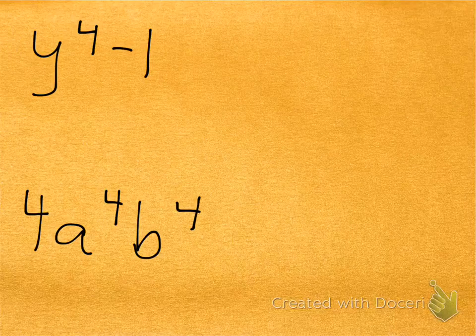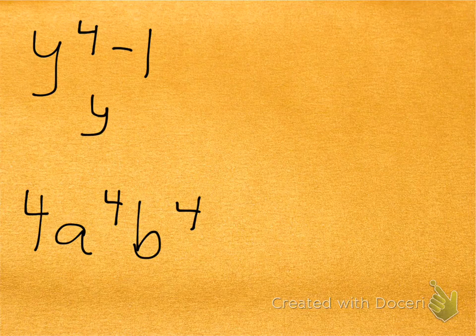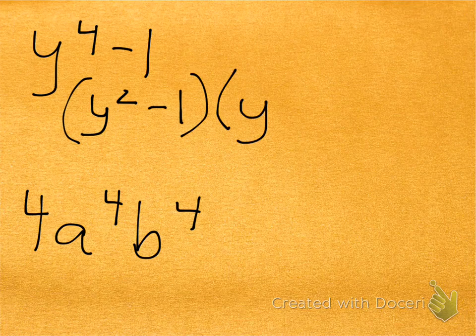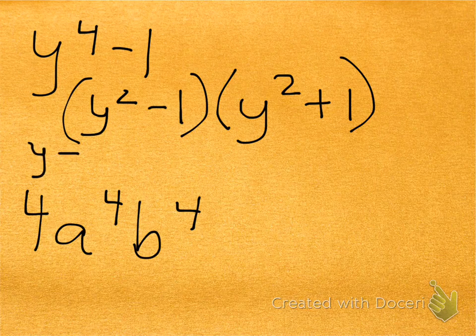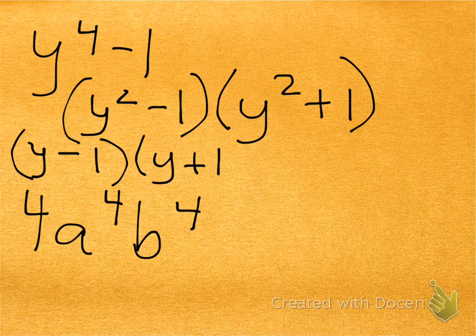Here we have y to the 4th minus 1, so we're going to have to split this up into perfect squares. So y squared minus 1 and y squared plus 1. Now, since y squared minus 1 is technically a perfect square, we can split this up even further into y minus 1 and y plus 1.